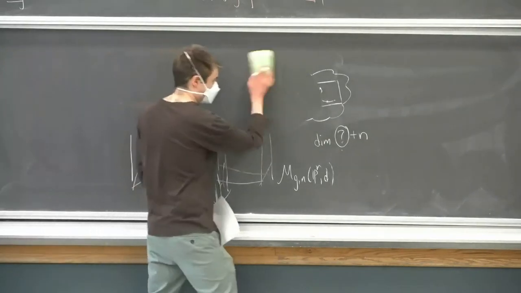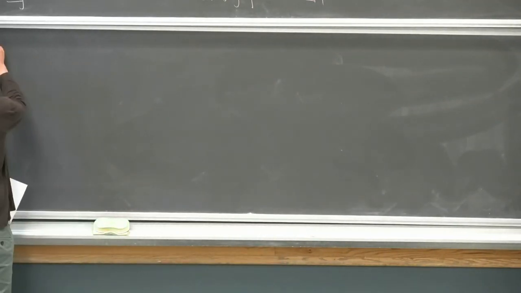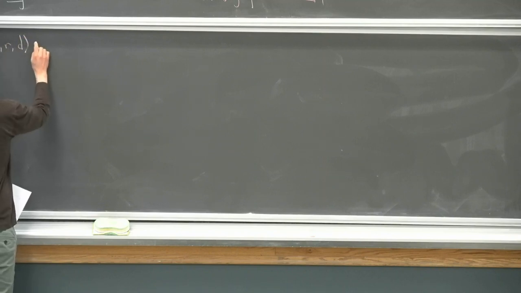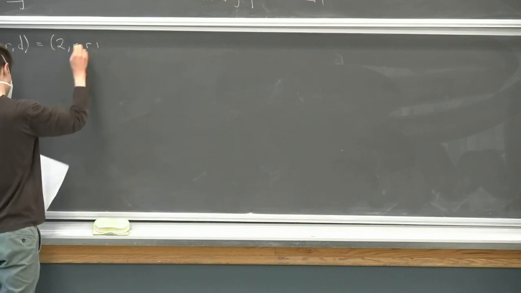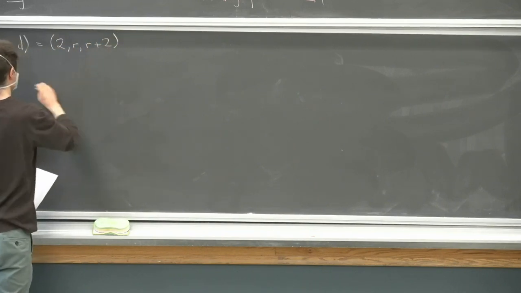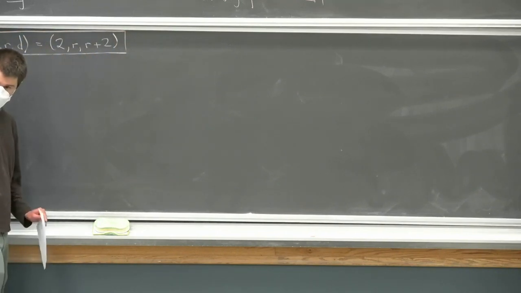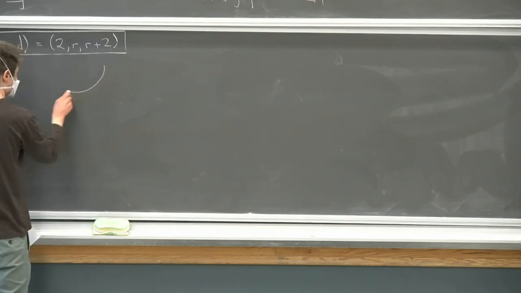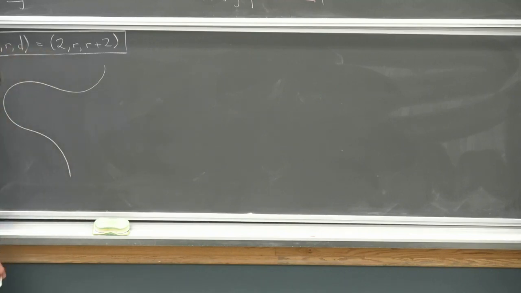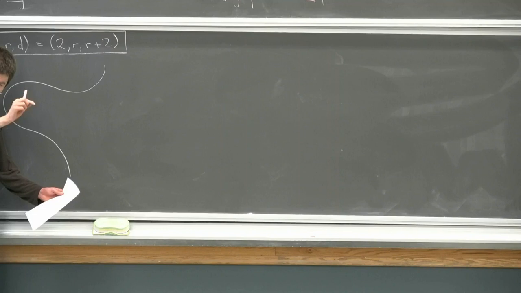But that's not all. Here's a couple of counterexamples, a finite number, but they come together naturally in this family. So let's look at this. I have a curve of genus 2 embedded in projective space of dimension r. Curves of genus 2 are hyperelliptic, so there's a natural involution on them.